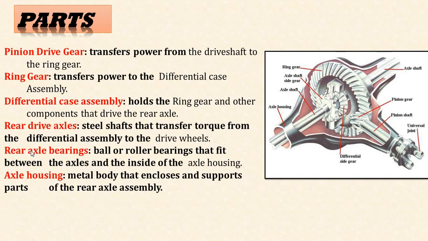Then rear axle bearings: ball or roller bearings that fit between axles and inside of the axle housing. And next part is axle housing. This is the metallic body that encloses and supports parts of the rear axle assembly. Generally these are the main parts of the differential gearbox.